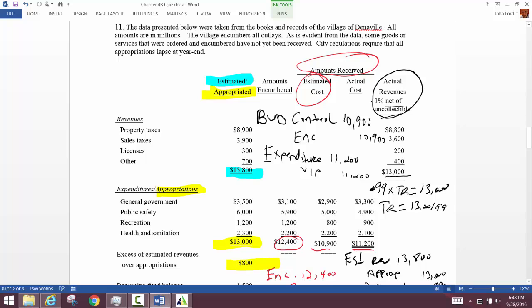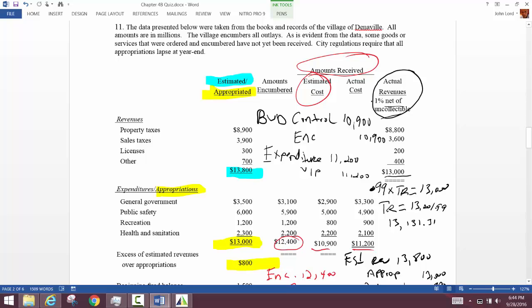Because they were telling me that was net of my uncollectible amounts. Okay, so what's that number come to? 13,000 divided by 0.99. 13,131, you say, sir? And 31 cents? Okay, whatever.